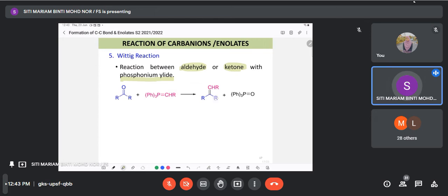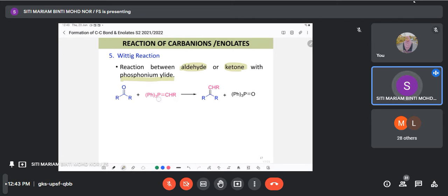If you refer to this equation, your aldehyde or ketone is the blue color. Here I'm using a ketone structure. The phosphonium ylide is this pink structure: triphenyl phosphorus, PPh3, where Ph is the phenyl group and P is phosphorus.